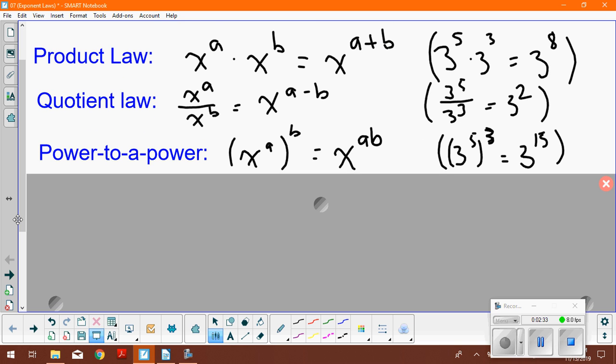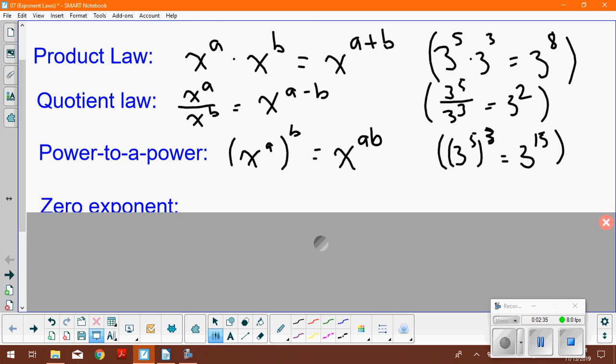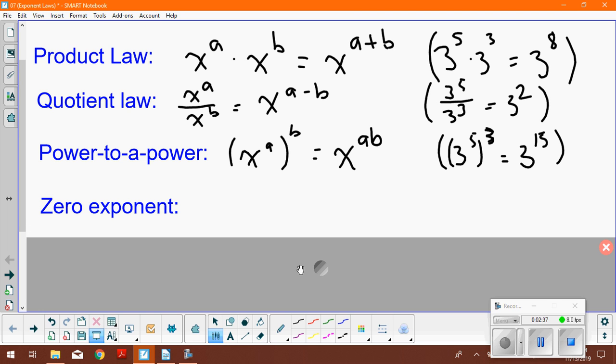Okay, the other two aren't so much laws as special cases. For the exponent of 0, if I do x to the power 0, that is always equal to 1. And if you check on your calculator, you try pretty much any number, it will say that it's equal to 1. So that's just a rule. There's an exception.